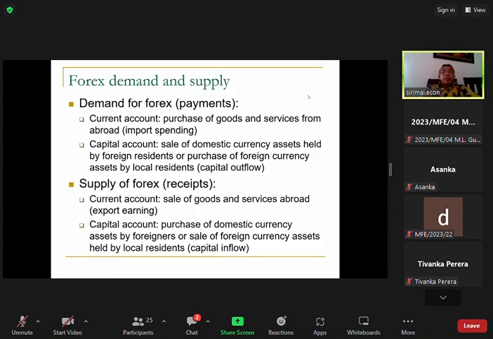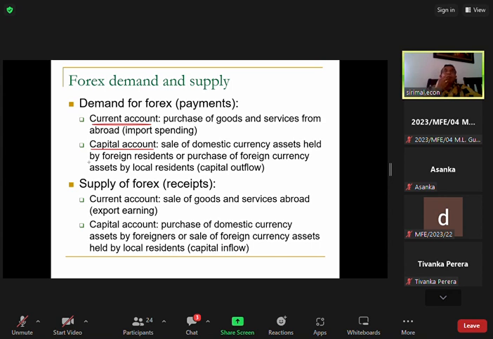So this is again explaining the same thing that I explained there. You can see the demand sources for foreign exchange, which are also called payments. In the current account, purchase of goods and services from abroad. In the capital and financial account, sale of domestic currency assets held by foreign residents.